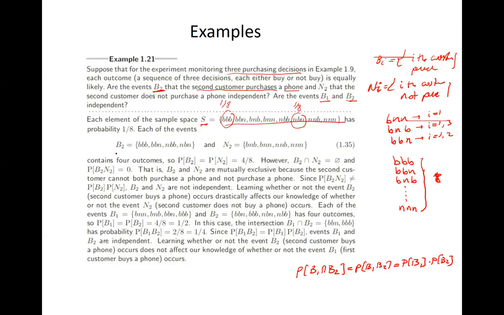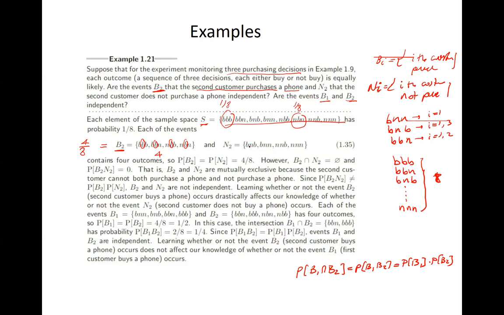Now, the outcomes of B2. So here is B2, B2, B2, B2. The number of outcomes here is 4. So probability of B2 is 4 over 8. How about N2?